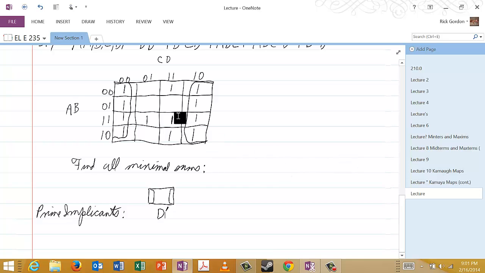One that we see is this grouping right here. Now, part of this grouping is contained within the previous prime implicant, but part of it is not. And so that's fine. As long as some of it is not, then this does count as a separate prime implicant. So let's go ahead and identify this term.